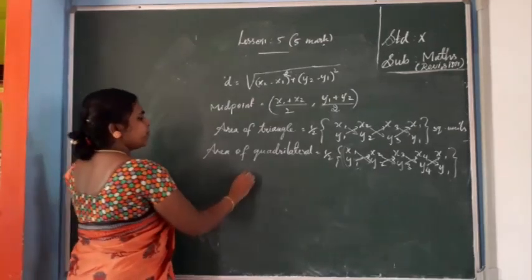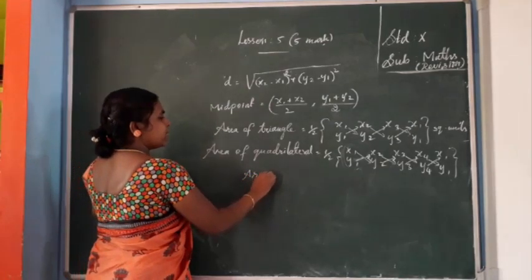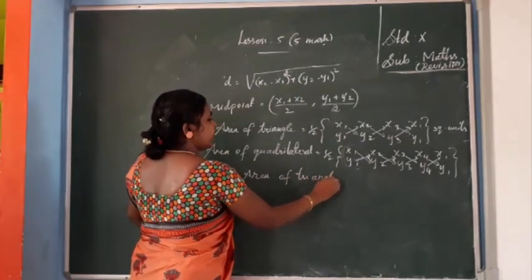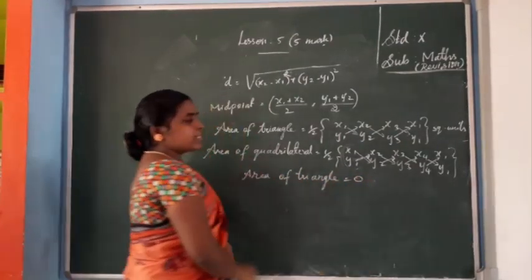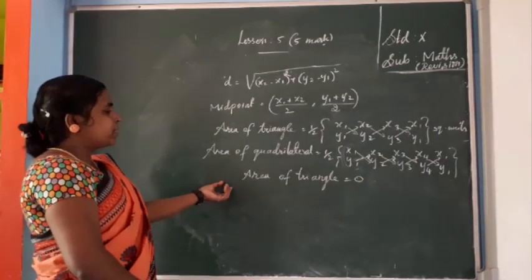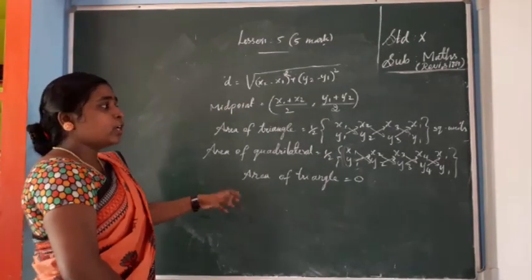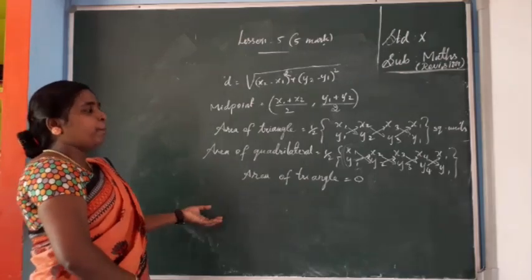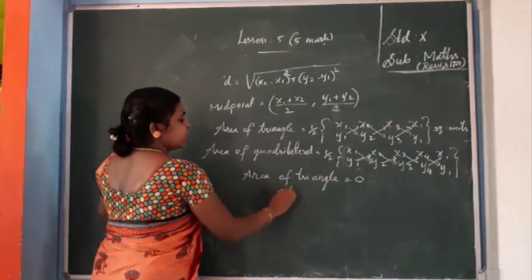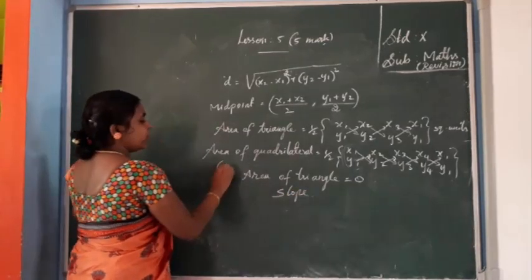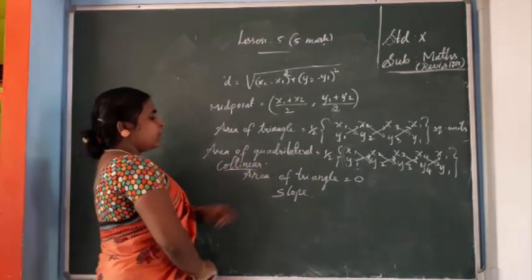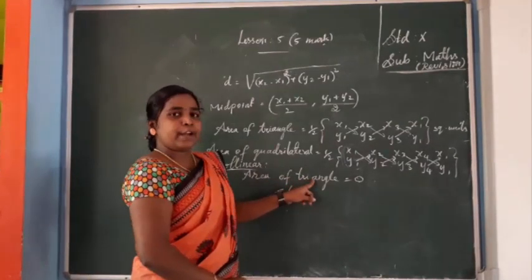Collinear means, when you are finding area of triangle, if you are getting 0, then you can say the points are collinear. So there are 2 methods to show collinear. First, you can use the area of triangle.